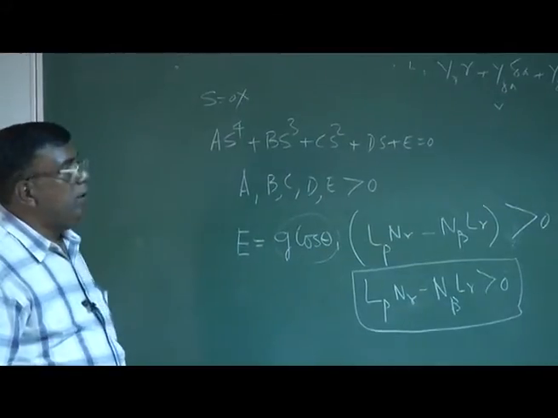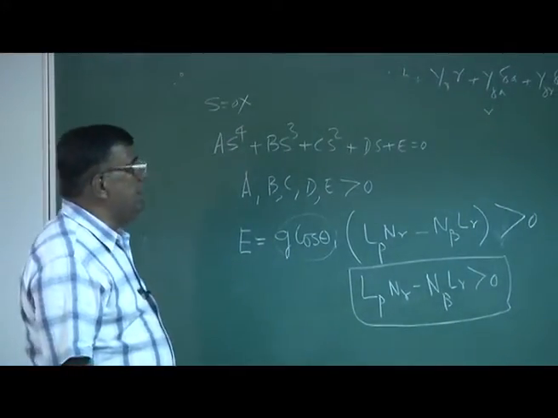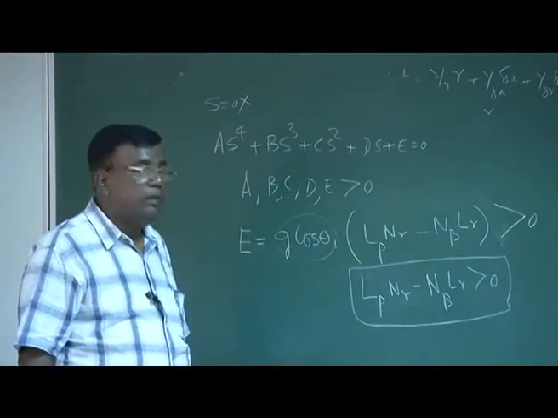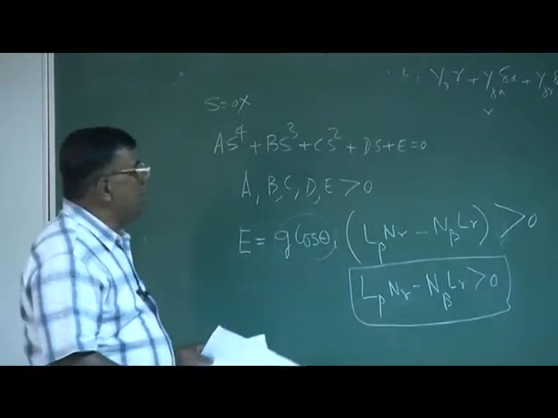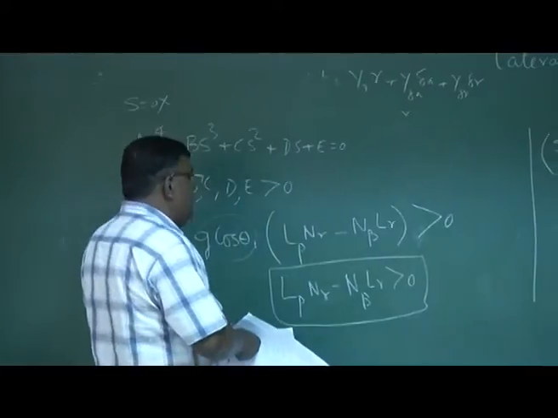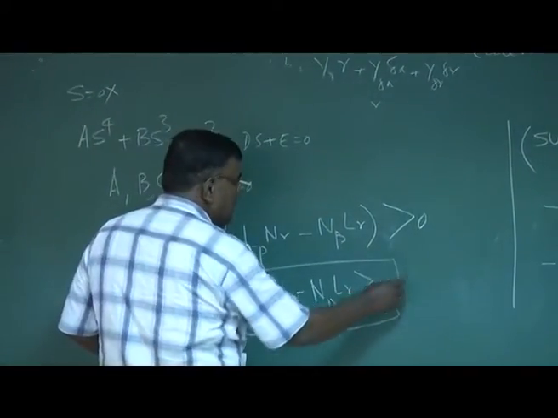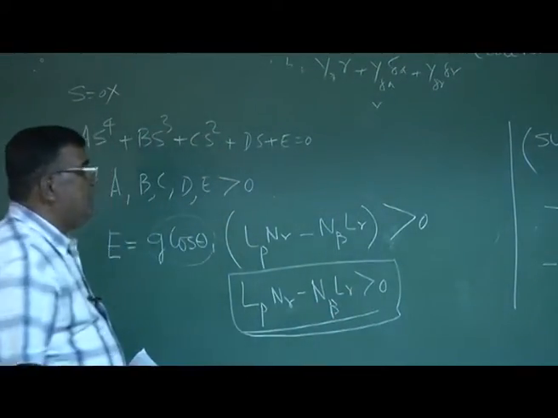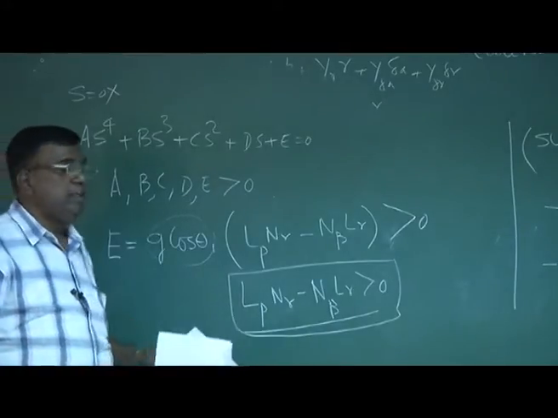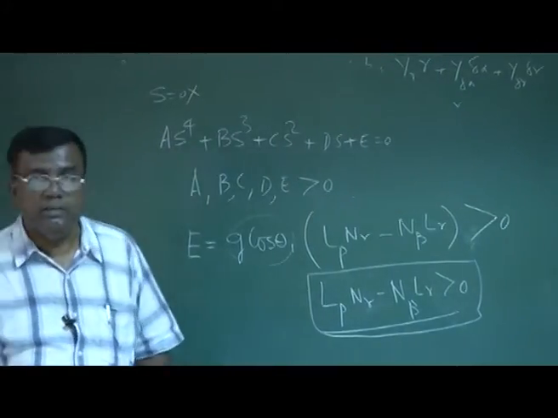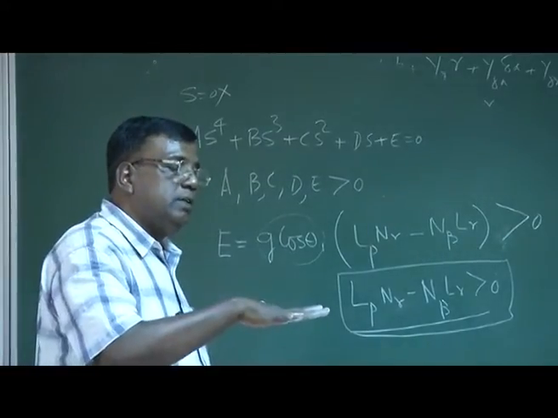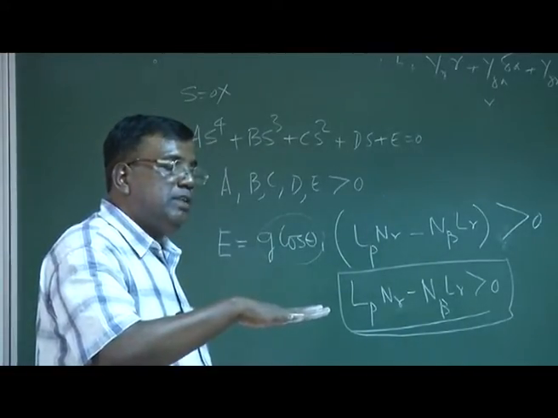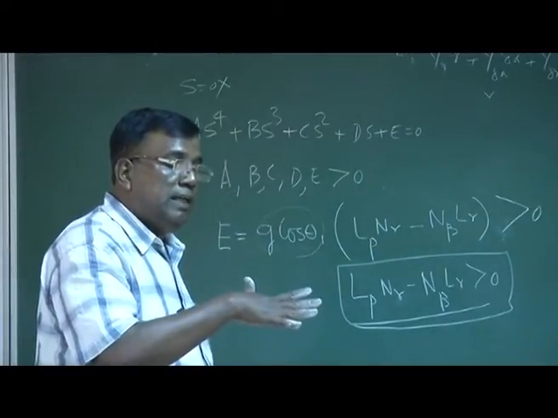As we have seen for the longitudinal case that E greater than 0 had a special meaning, in this case also E greater than 0 has a special meaning. You will see that if this condition is not satisfied, then the airplane is likely to go into spiral divergence. What is a spiral divergence? See, suppose the airplane is like this, and because there is some disturbance of bank, as it banks, it starts side slipping.